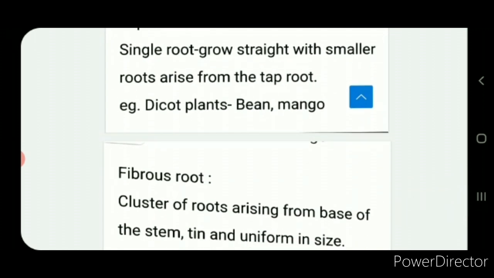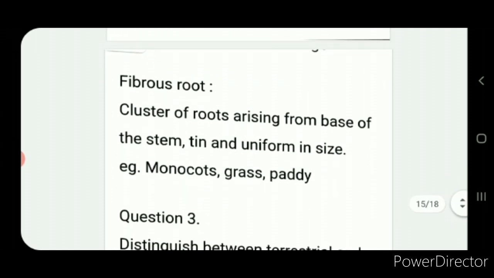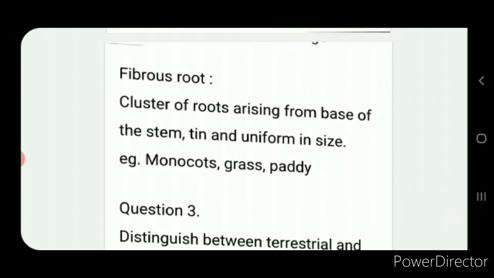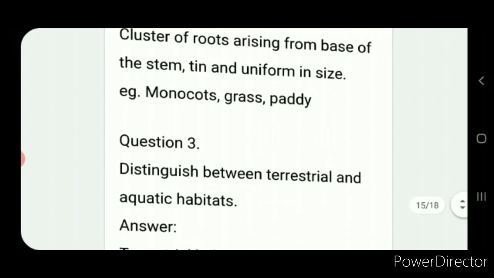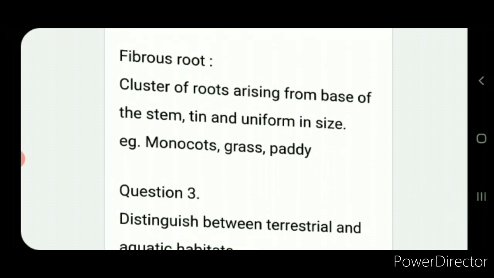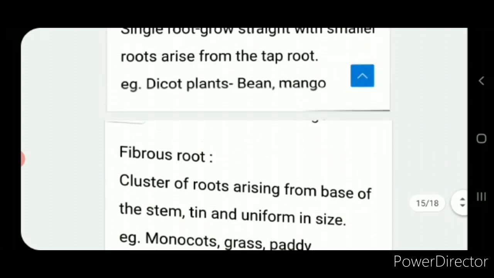Example for taproot is dicot plant, maybe bean or mango. Fibrous root has a cluster of roots arising from the base of the stem, thin and uniform in size. Examples are monocots like grass and paddy, which belong to the fibrous root system.